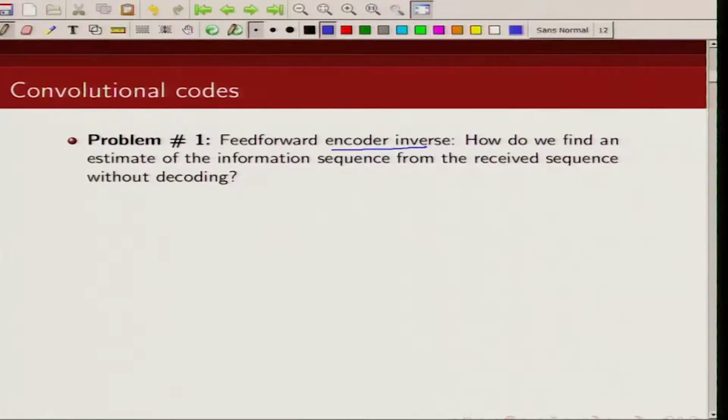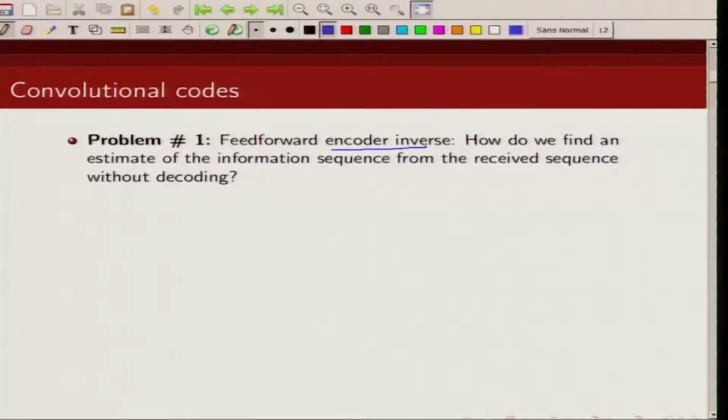So, we are talking about an encoder inverse, which will allow us to recover the information bits directly without decoding. In this problem we will look into what an encoder inverse is and under what condition the encoder inverse exists.